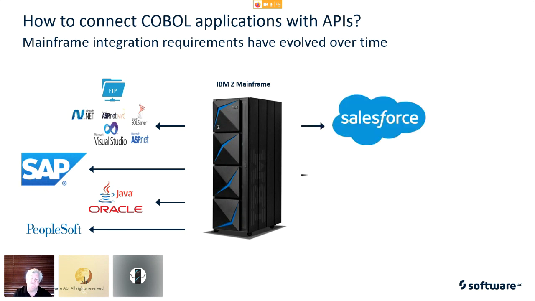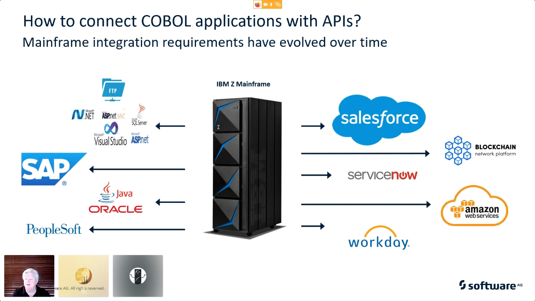Now you see the emergence of cloud-based technologies, the CRMs, the case management systems of the world, and there's needs to integrate those with the mainframe. And now the emerging technology is not only cloud-based applications, but cloud-based capabilities, whether it be something like Amazon Web Service, blockchain, Google services.